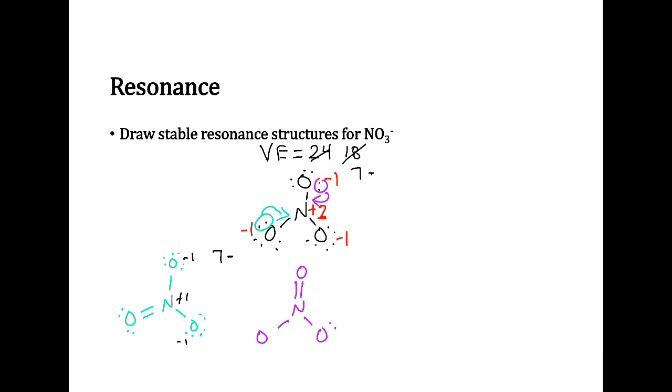So as you do more and more examples of things that have resonance structures, you're going to start to see these similarities, and you'll probably start to be able to guess how many resonance structures there are as soon as you draw the skeleton. And then finally, the last option is to move a lone pair in from that terminal oxygen on the right.